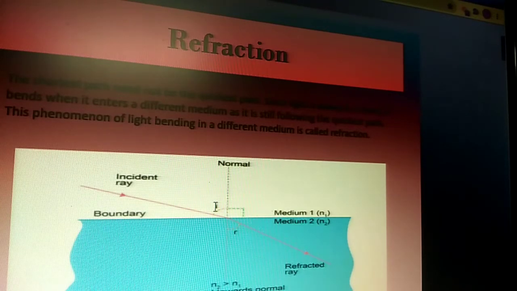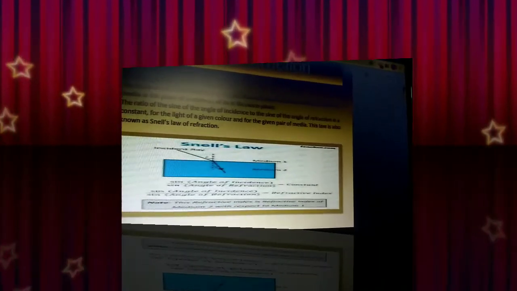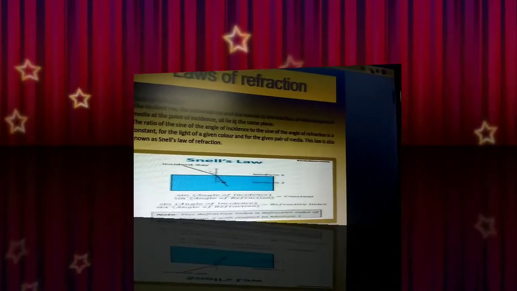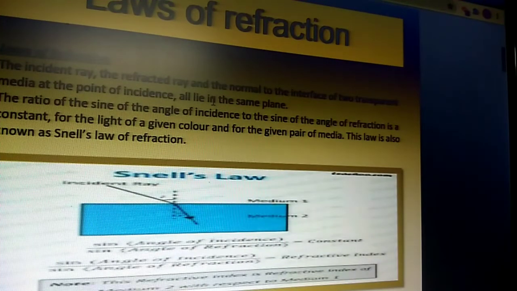So the phenomenon of bending of a light ray at the point of incidence at the interface, when it passes obliquely from one medium to another medium, is called refraction. What are the two laws of refraction? The refracted ray, the incident ray and the normal at the point of incidence at the interface lie on the same plane.